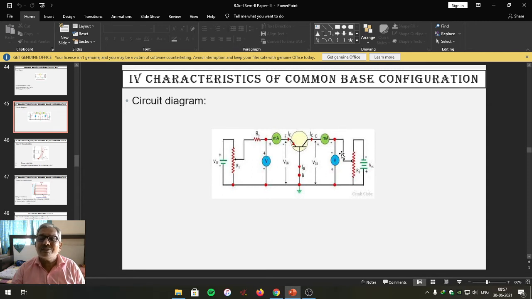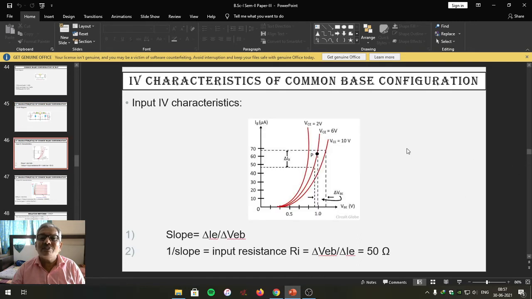For various VCB, note down different sets of IE and VEB and then plot the graph of IE versus VEB at constant VCB. The nature of the graph appears like this. These represent the input IV characteristics.